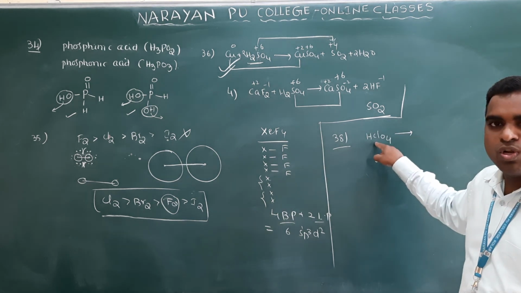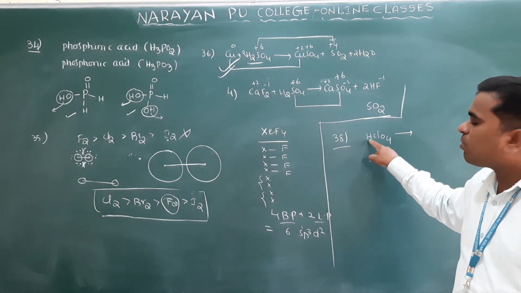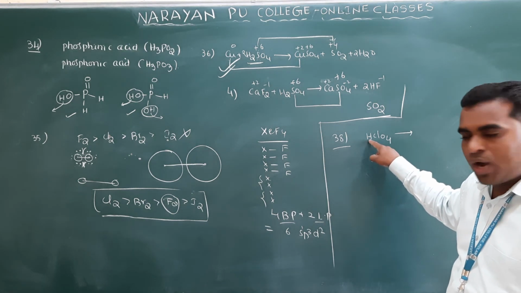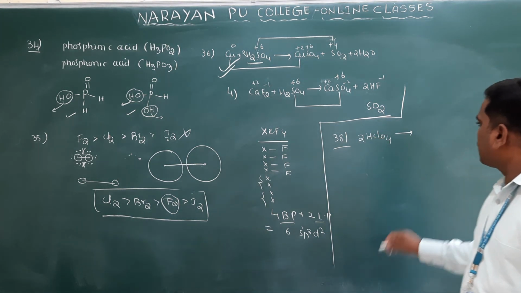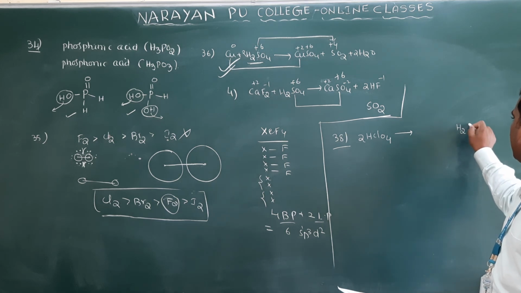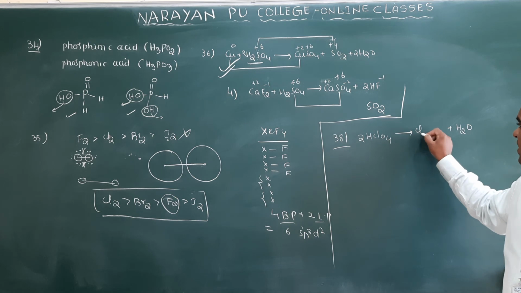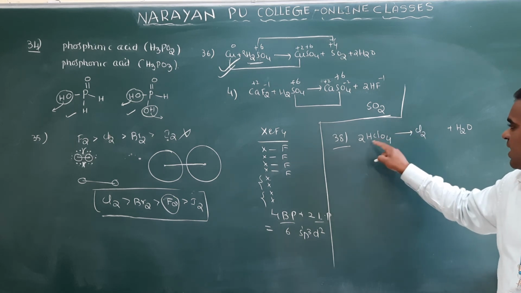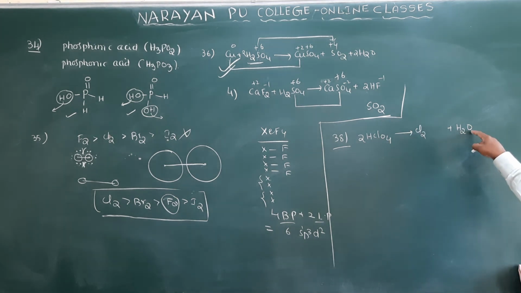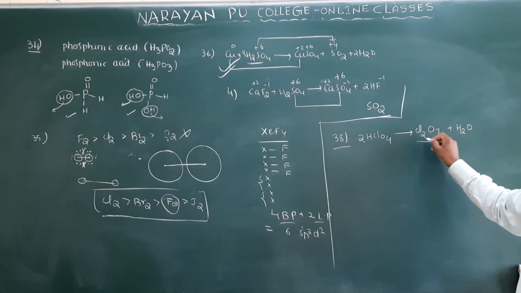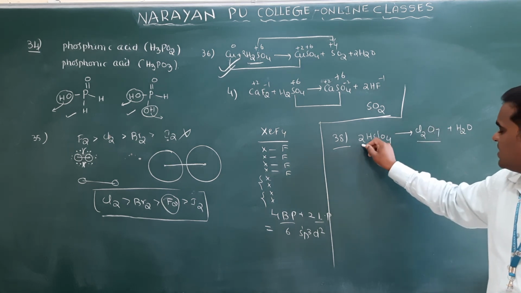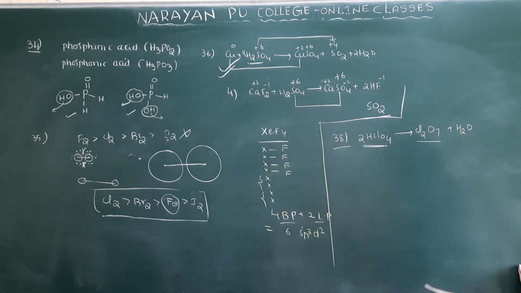Anhydride means what you have to do? Remove the water molecule. To remove the water molecule, how many hydrogens should be present? 2 hydrogens. So multiply this one by 2 and remove the water molecule. So 2 hydrogens we removed. And what is left here? 2 chlorines are left. How many oxygens are there? 8. 1 we have removed, then 7. So Cl2O7 is an anhydride of HClO4.